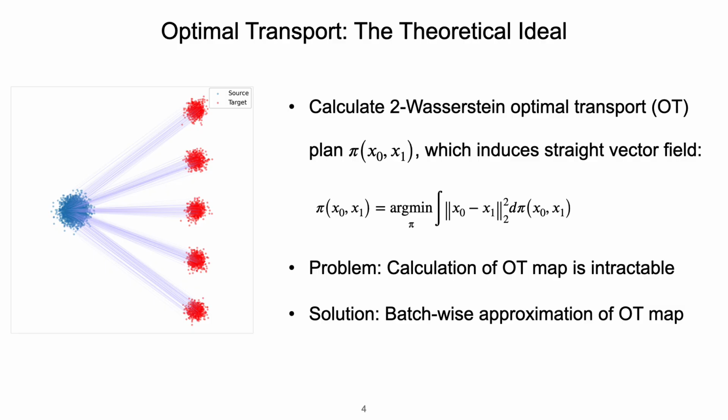So in theory, if we train on OT coupled pairs, we get straight flows for free. The catch is that computing exact OT is really expensive and doesn't scale to real-world datasets. So in practice, prior methods like OT-CFM fall back to a batch-wise approximation, solving a small OT problem inside each mini batch as a proxy for the global plan.